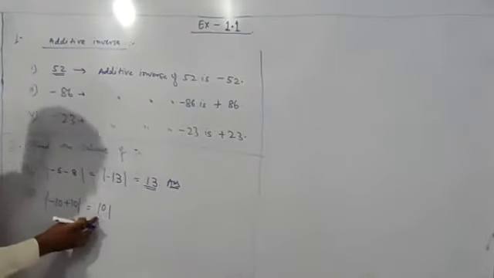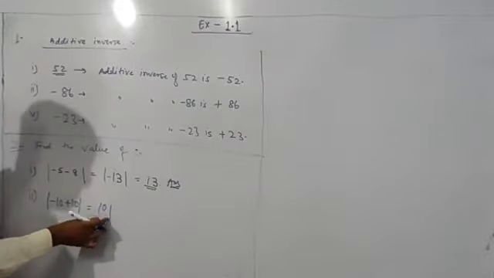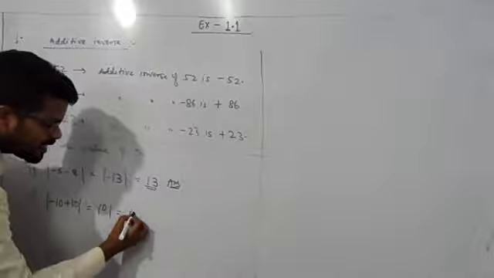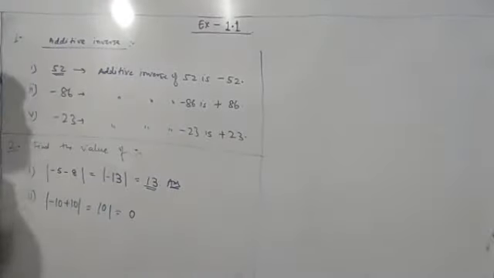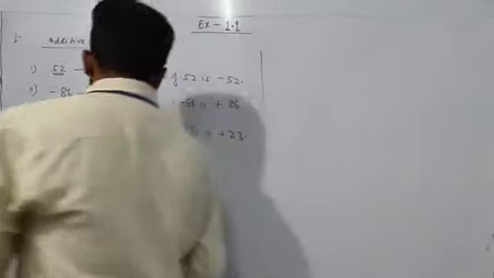Mod of 0: 0 is within the box. When this 0 comes out of the box, it is simply 0, because 0 is nothing. So the answer is 0.